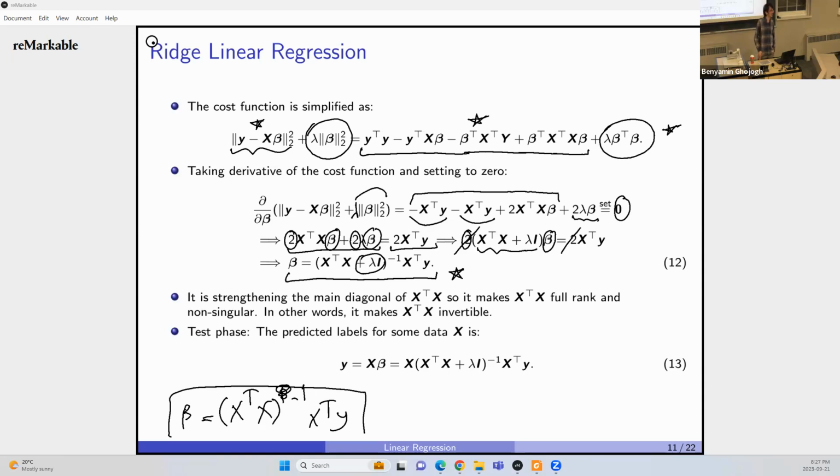What do I mean by singular? It's not invertible. So a singular matrix is not invertible. A singular matrix has at least one eigenvalue that is 0. It has one or several 0 eigenvalues. You can't invert it. If you, for example, do it in MATLAB or Python, it will throw an error. It can't invert it. Then what happens? How do we resolve that?